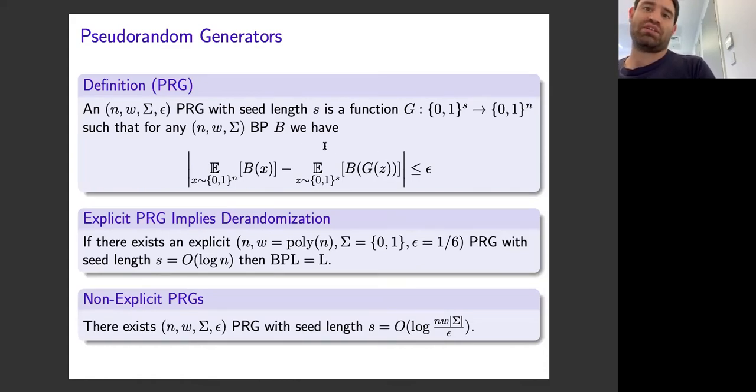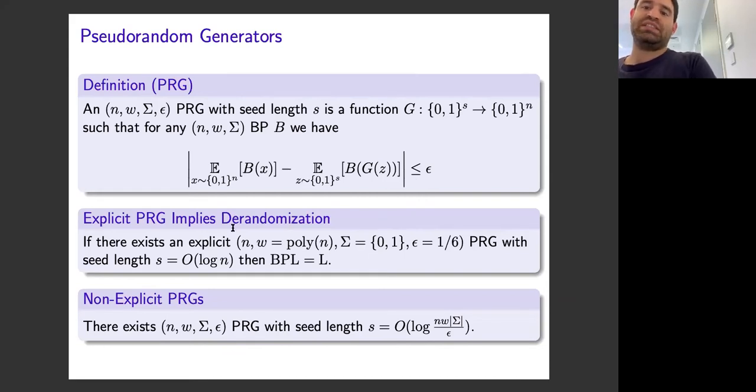So a definition in our setting: an (n, W, Σ, ε) PRG with seed length S is simply a function that takes S bits to n bits, such that, and this is the important requirement, for any (n, W, Σ) BP, if you take a truly random seed to your generator and then feed that to the BP, then the acceptance probability approximates the true acceptance probability when the BP reads a truly random input, up to an additive term of ε.